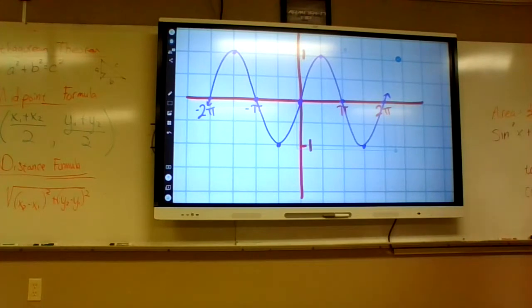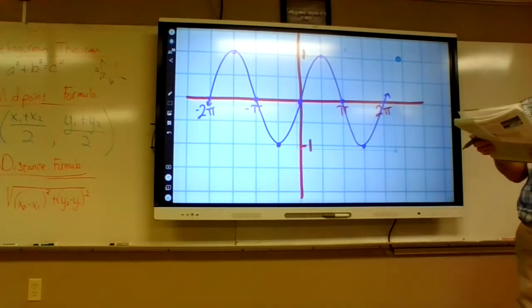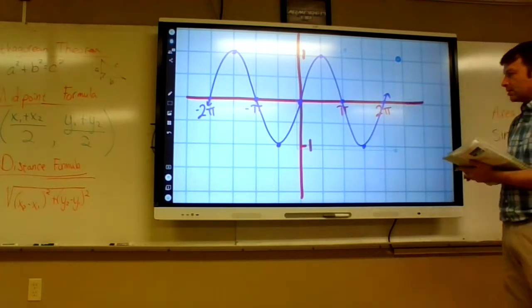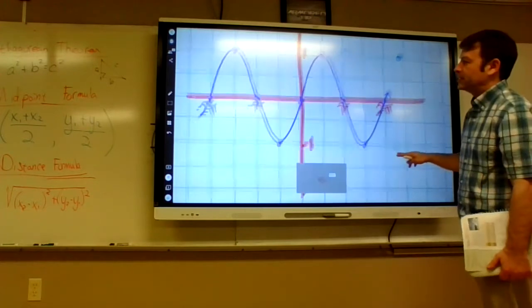And I'm sure they drew it somewhere. Yeah, kind of like on the bottom of 457 is a pretty good picture. But it's a very similar pattern.